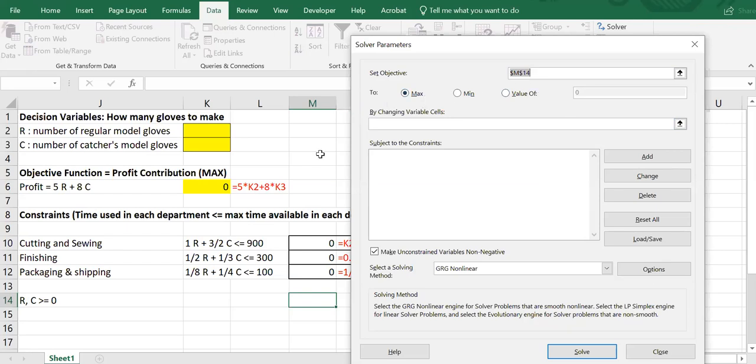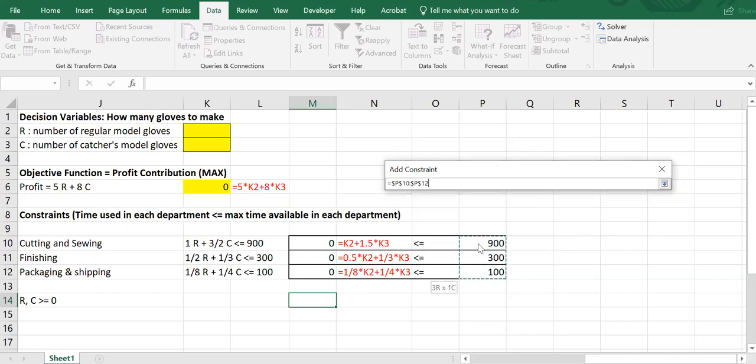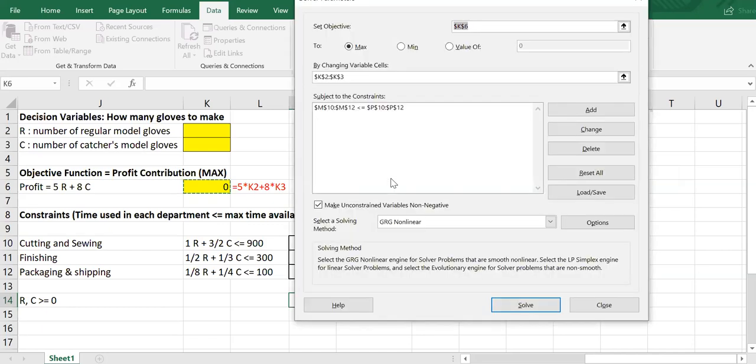I want to maximize the profit cell, by changing the cells assigned to the decision variables, subject to the left-hand side, the sign, and then the right-hand side. Since these three are all less than or equal, I can add them at the same time.